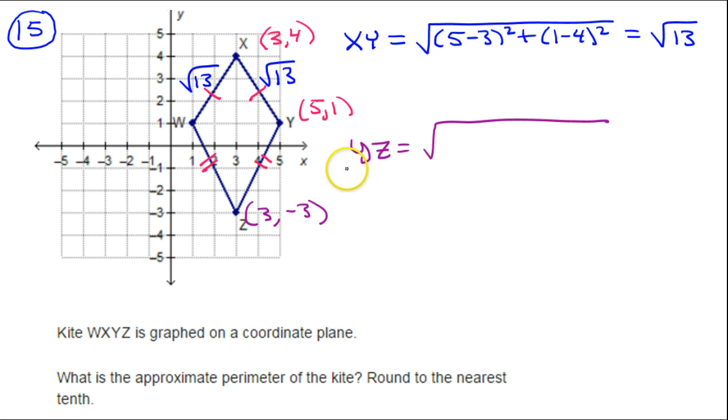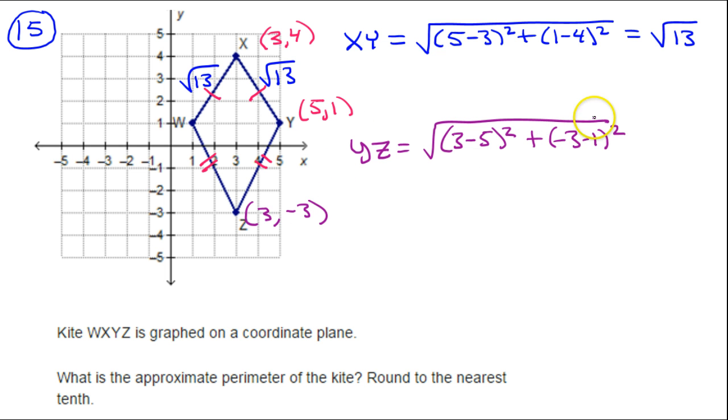Okay, so again I'm going to do x minus x, and I'm going to do y minus y. So I'm going to do 3 minus 5 squared, that's x minus x, and I'm going to do negative 3 minus 1.